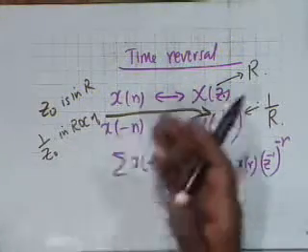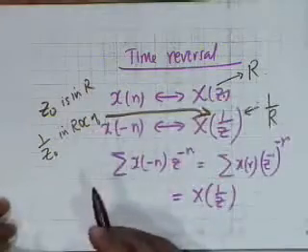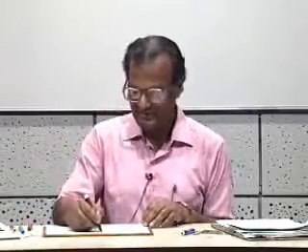That's all it means. So they obey a reciprocal relationship. But this is quite trivial as far as proof is concerned, but one often forgets. That's about time reversal.